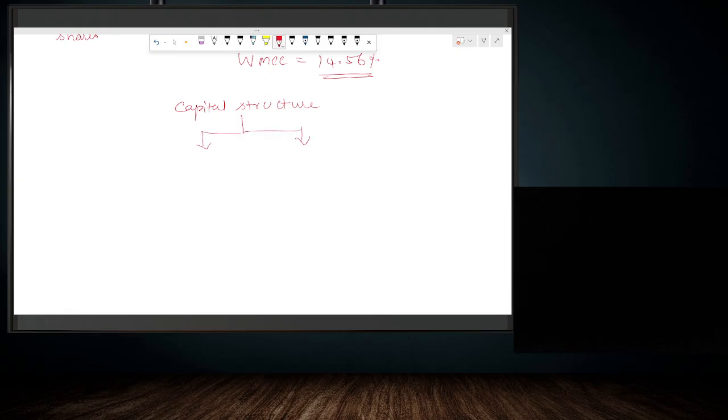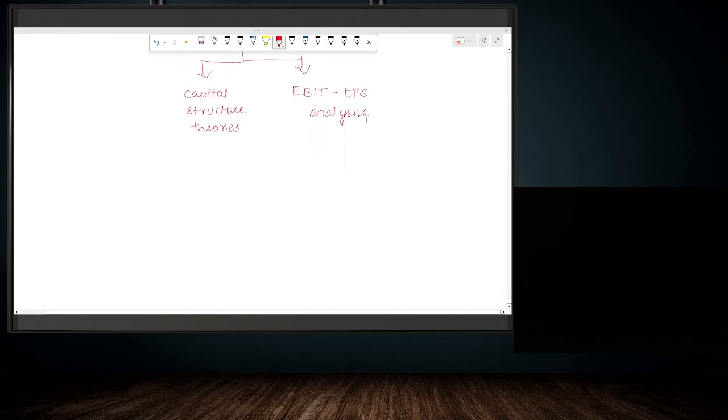So in the capital structure chapter, we are going to discuss first capital structure theories, and then we are also going to discuss EBIT EPS analysis.